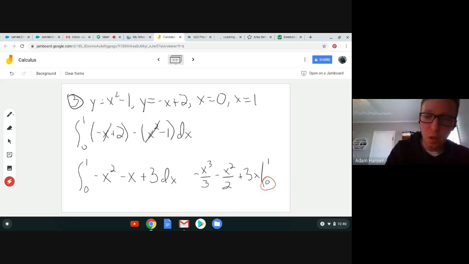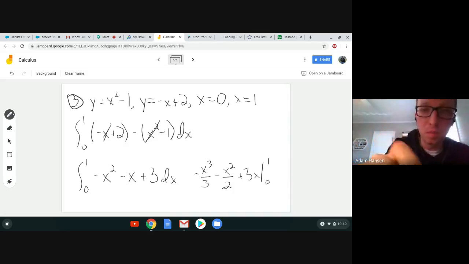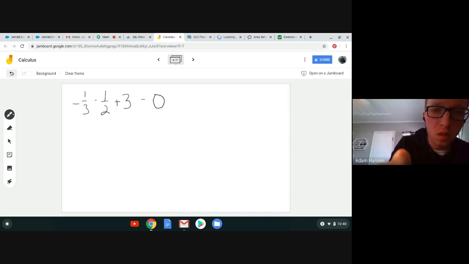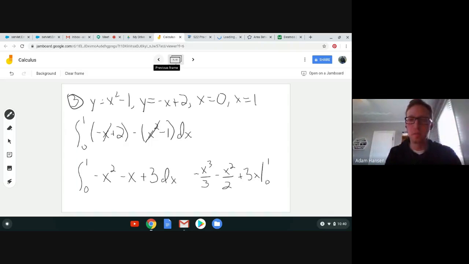Got a nice 0 right here, so this is going to be pretty easy. We just need to plug in 1: negative 1/3 minus 1/2 plus 3, minus 0, because when I plug in 0 to our antiderivative, I basically get 0.